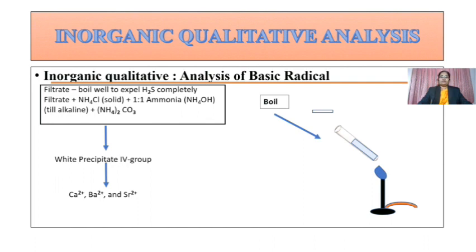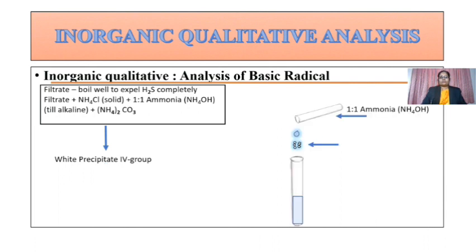The group reagents for the fourth group are NH4Cl, 1:1 ammonia and (NH4)2CO3, and the radicals present in this group are Ca2+, Ba2+, and Sr2+. Now boil this solution well so as to expel out the H2S completely and test it with lead acetate paper.